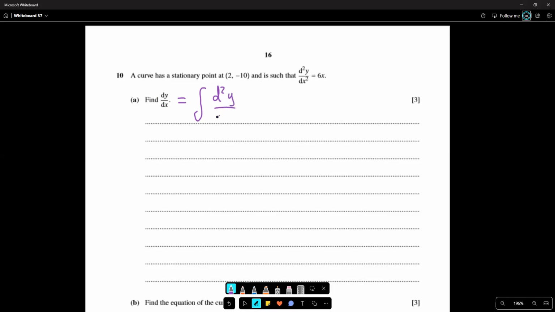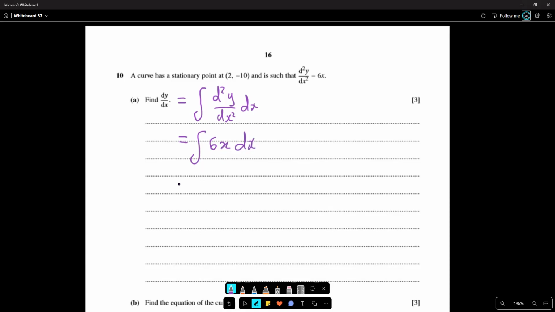If we integrate the second derivative, we get the first. So these are opposites, guys. The derivative of the first derivative is the second derivative. The integral of the second derivative is the first derivative. It's like you're doing the reverse, ne? Sure. So now we know that the second derivative is 6x, and that is d2y/dx2.